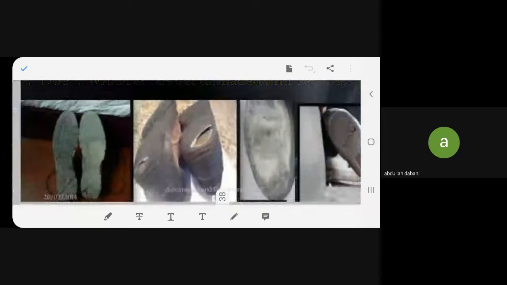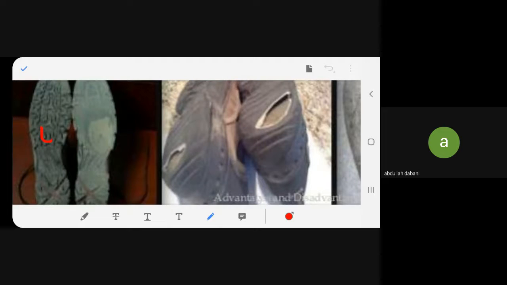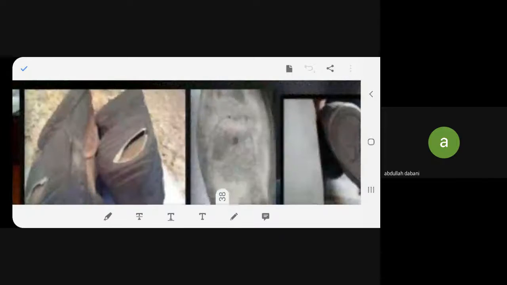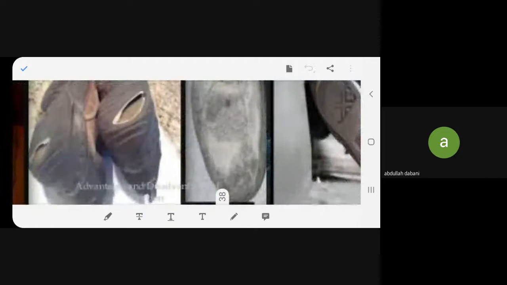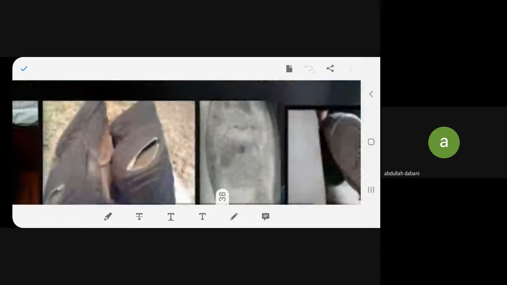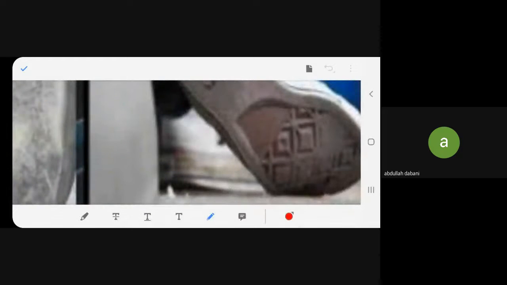Now you can see over here. This is a good one. This is worn out. See, you can see the holes. You can even see the condition. Are you getting marks over here?